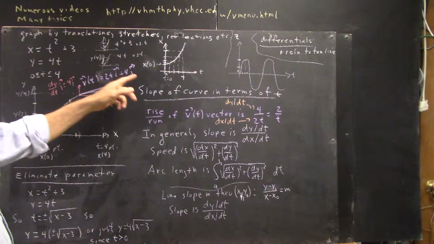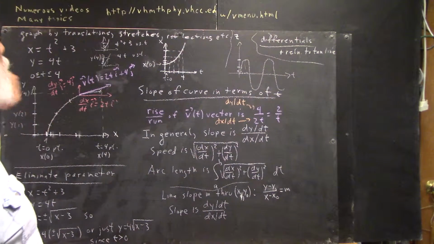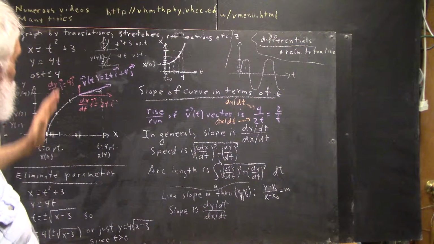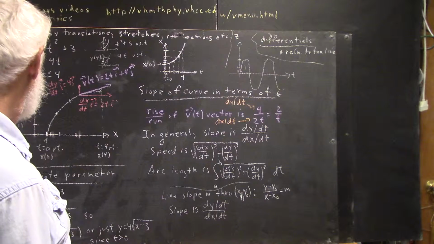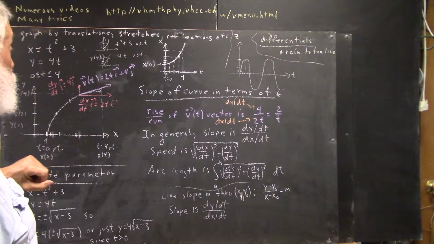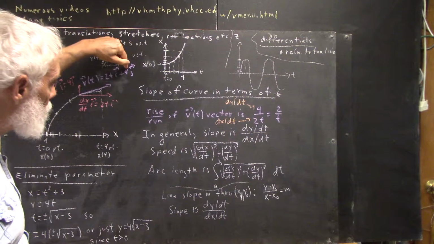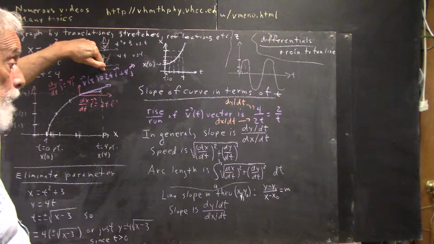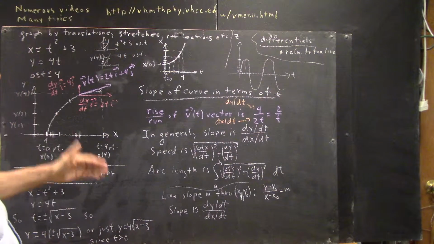You can interpret that as a velocity vector, or you can just interpret that as the rate of change of position on this graph with respect to t. Okay, what's the slope? Well, the slope of this thing is just the j component divided by the i component. So that's rise over run.